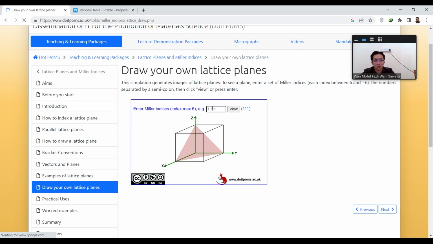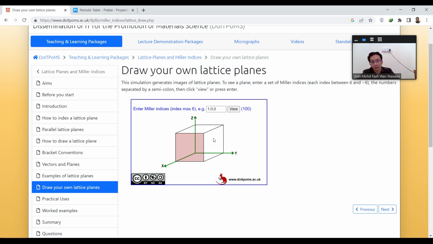If you go to 100 here, if you view, you get something like that, because the 1 here is basically from the origin to the x. So the length from the origin to x is 1, so 1 unit.